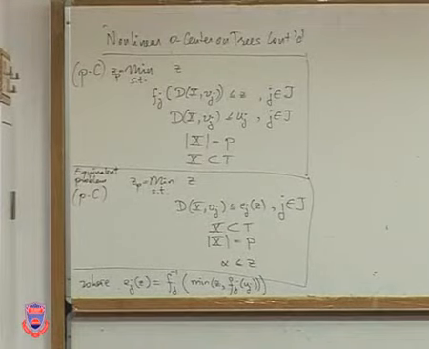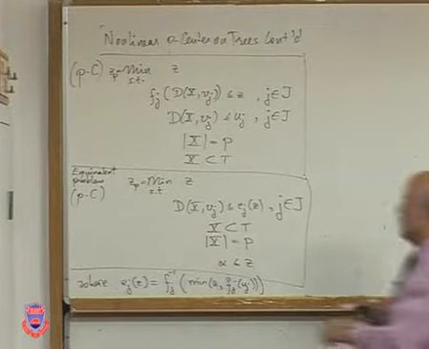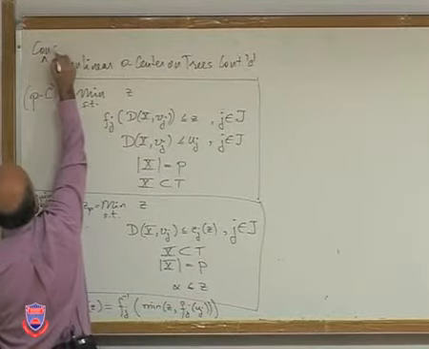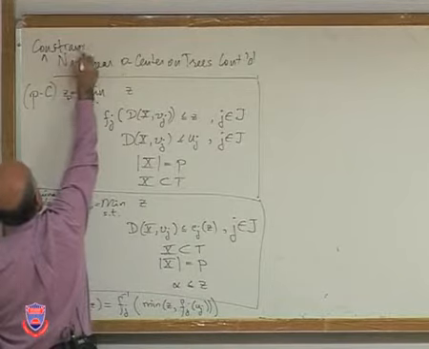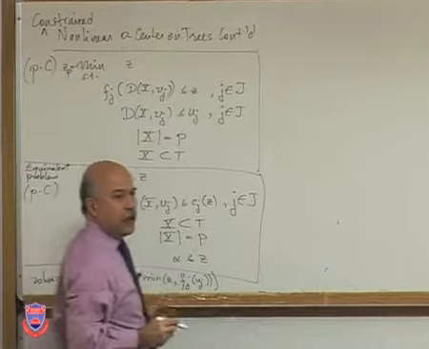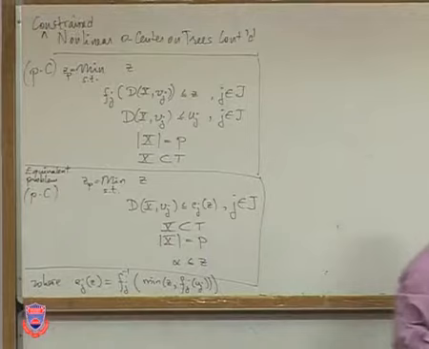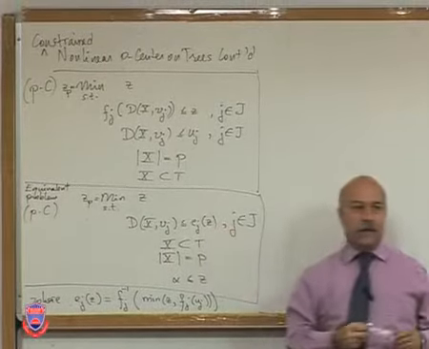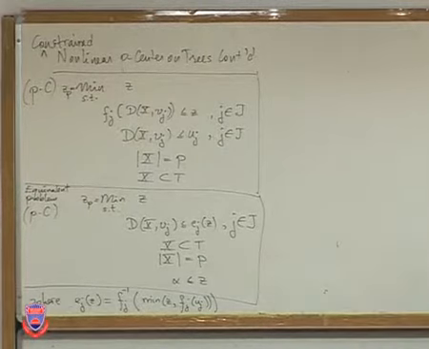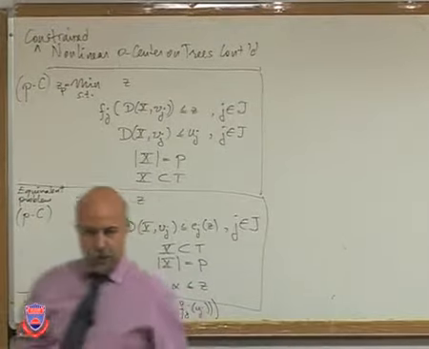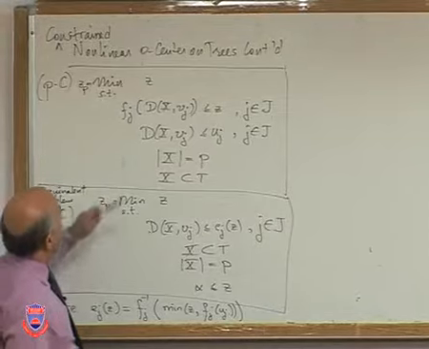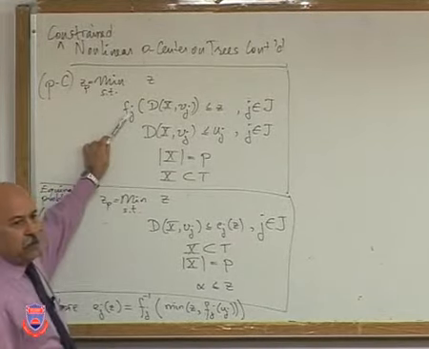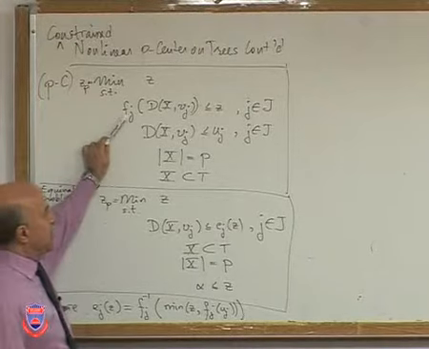Okay, let's just revert back to the nonlinear p-center problem. Maybe you might want to add the word constraint to it, since we are looking at the more general case where you've got these upper bounds as well. Let me just refresh your memory. We have a monotonic increasing loss function associated with each vertex.